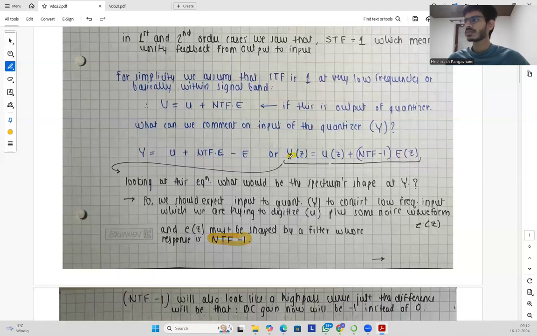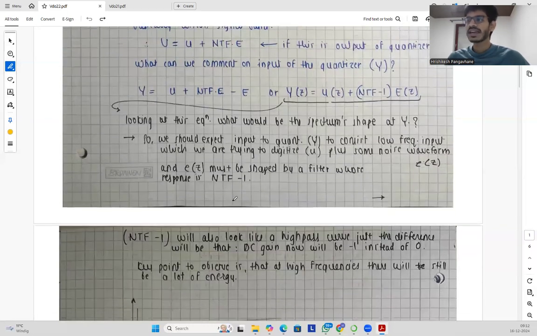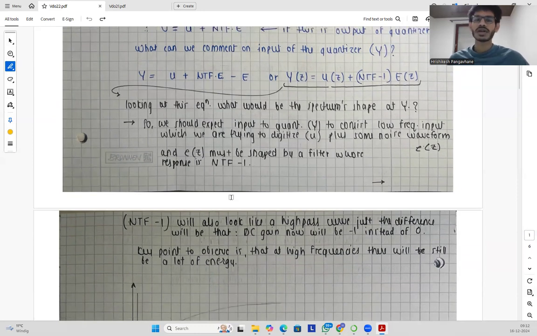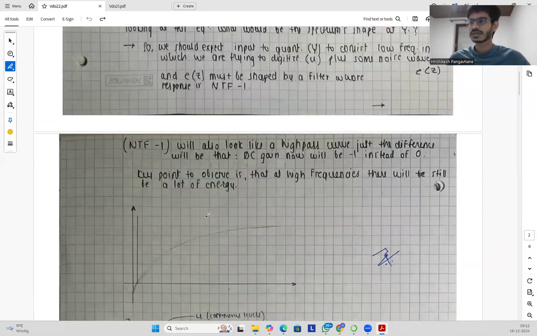So E of Z is not being shaped by NTF, but by NTF minus 1. NTF minus 1 will also look like a high pass curve. The difference is that the DC gain now will be minus 1 instead of 0. And the key point to observe is that at high frequencies, there will still be a lot of noise shaped energy.